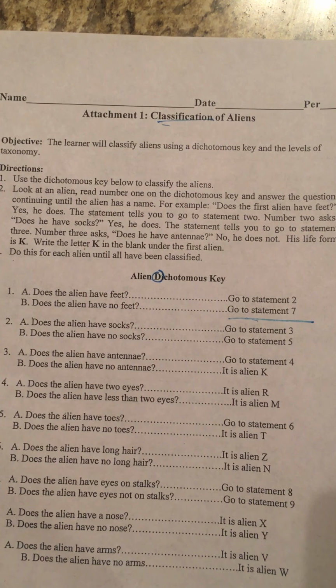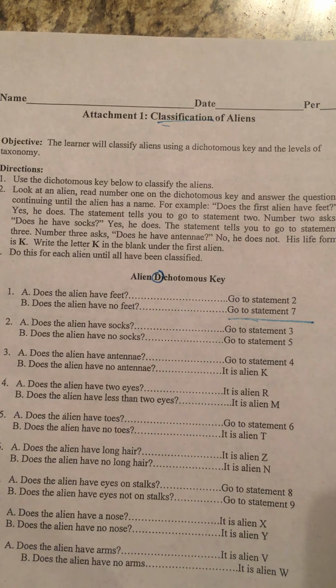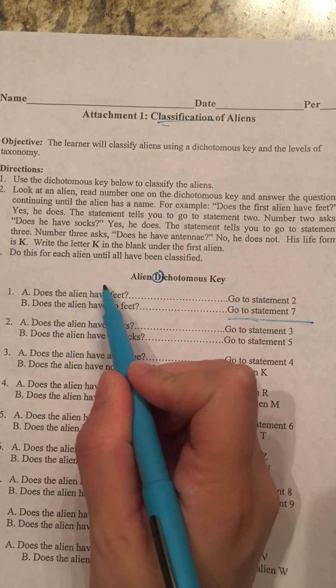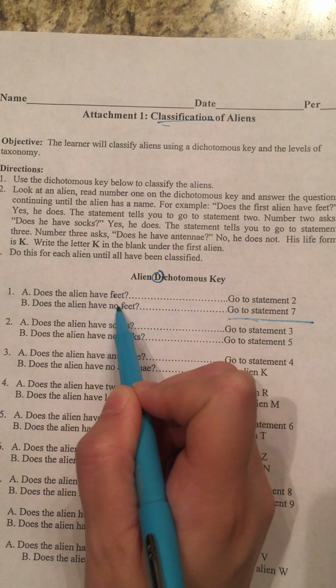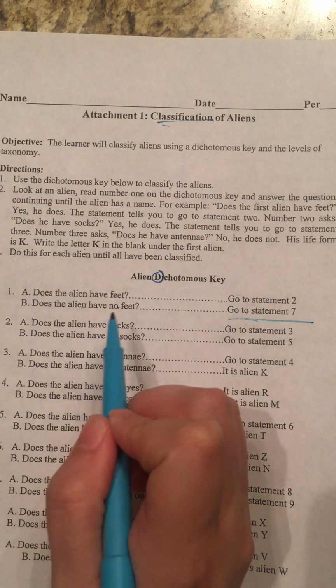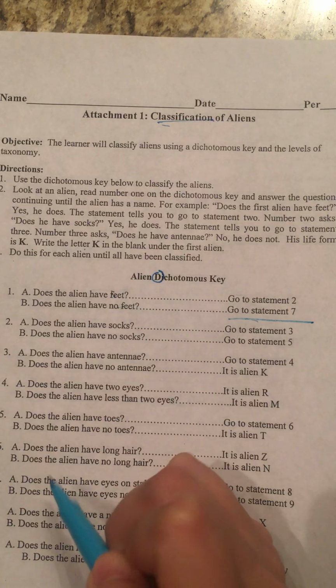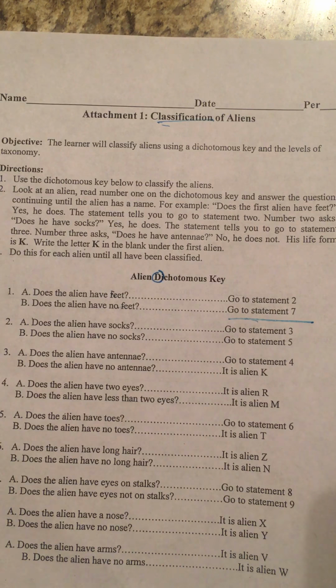But if I would have had a dichotomous key, I could have eliminated what it's not to identify what it is based on its physical traits. So the word di means two, and that means that you always have two choices you can choose from. And through these choices, you eventually are able to identify an unknown organism by just looking at the way it looks or its traits.